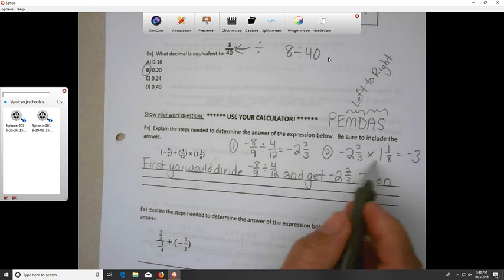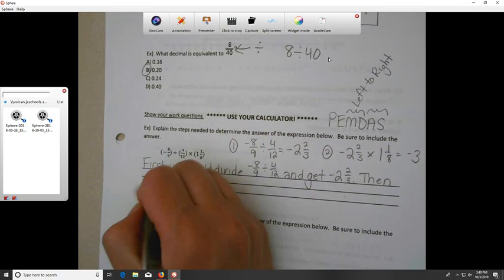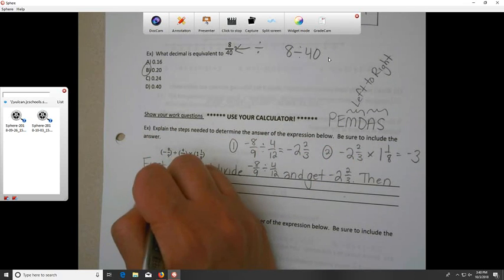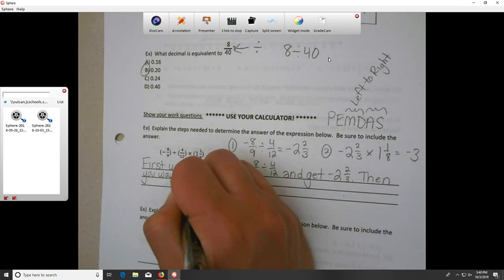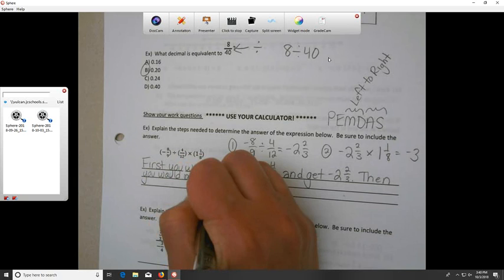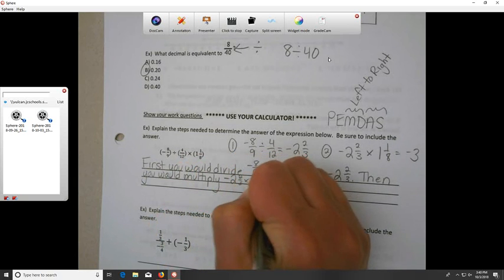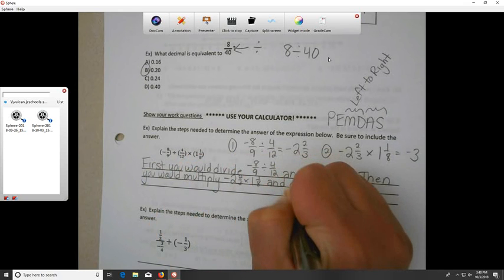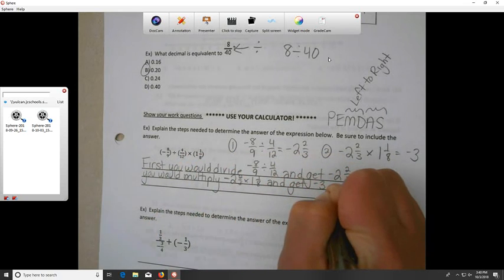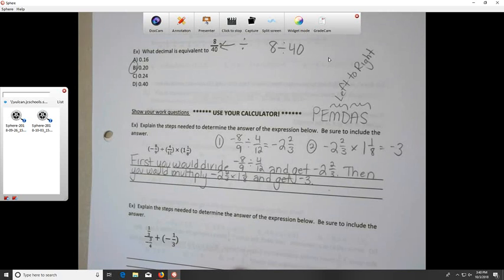Then, now I'm just going to put my second step into words. Then you would multiply negative 2 2/3 times 1 1/8 and get negative 3. Alright, so that's a full credit explanation. First I did this and I got this answer, then I did this and I got this answer.